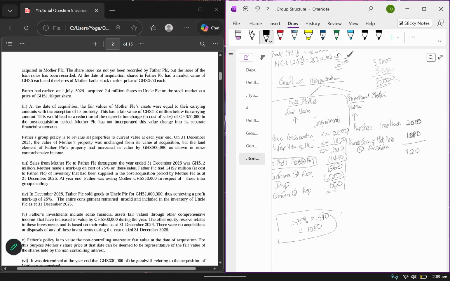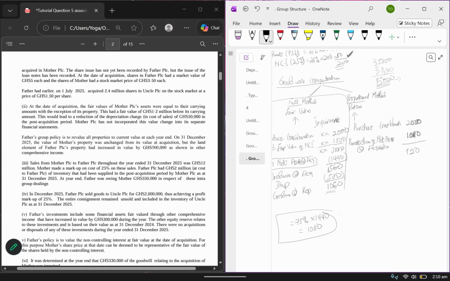So let me check the slides. The format for the proportional method: they said purchase consideration, then you less the parent's portion of the net assets of the subsidiary at acquisition, and then I think you less the parent's portion of the preference shares as well.